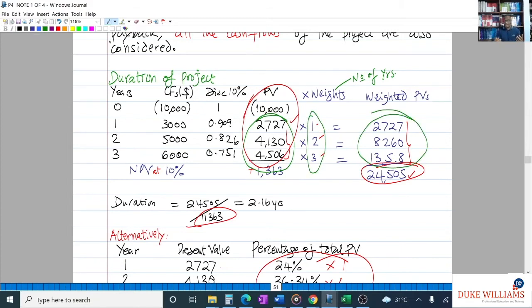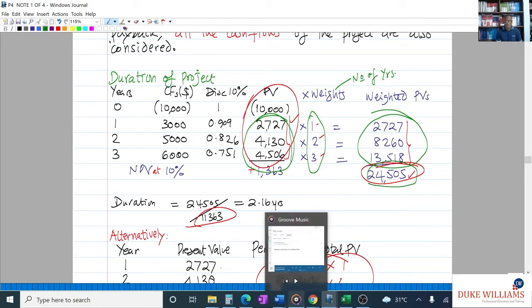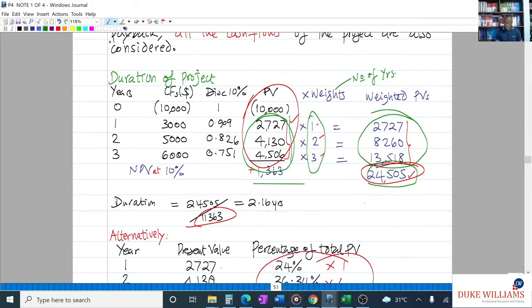We have the present values, but not weighted, so we've got to weight them. Then all we need to do is divide this value by the present value of the inflows, which we already have when calculating the NPV. So not by the NPV, but by the present value of the cash inflows.